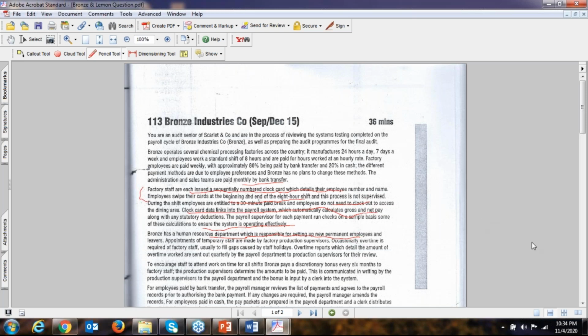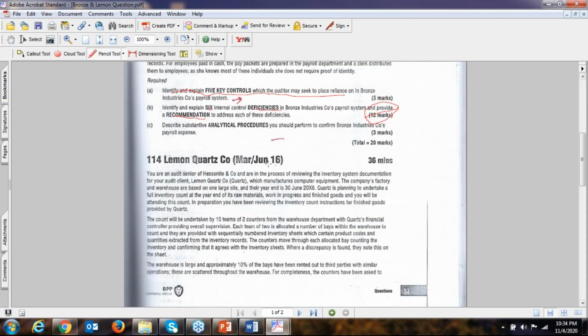Now we are going to read the second part, that is, identify and explain six internal control deficiencies with a recommendation. So now we are going to identify the deficiencies. This is a very good question, because in this question we have to mention the key controls.